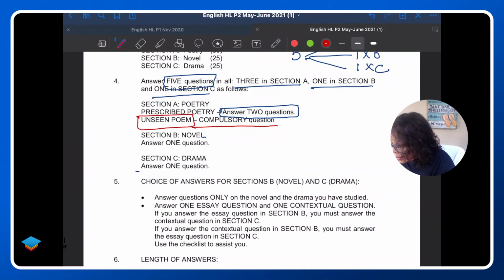You must answer, this is a critical point, and I want to highlight this: answer 1 essay question and 1 contextual question, right?